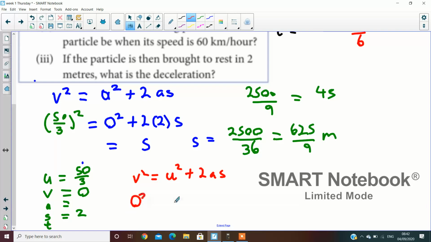So 0 squared equals 50 over 3 squared plus 2 times a times the other 2.